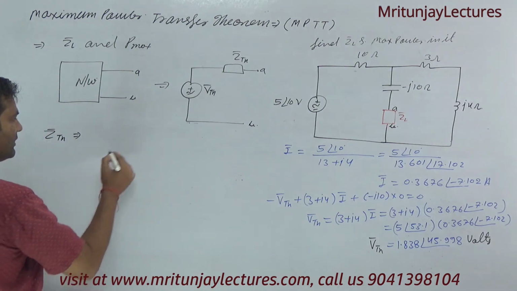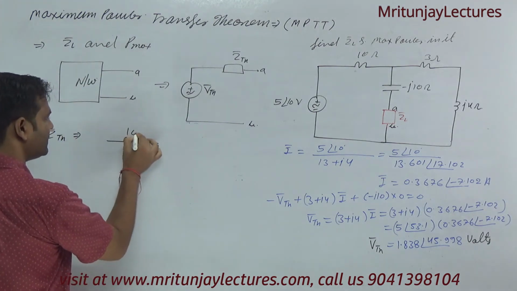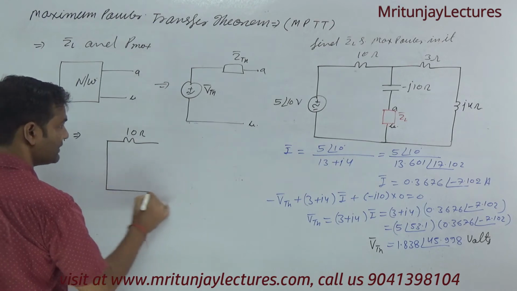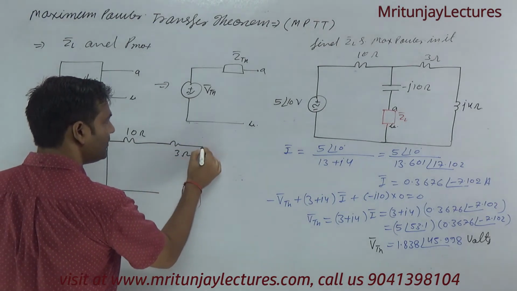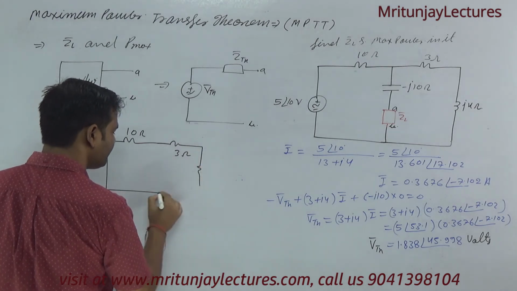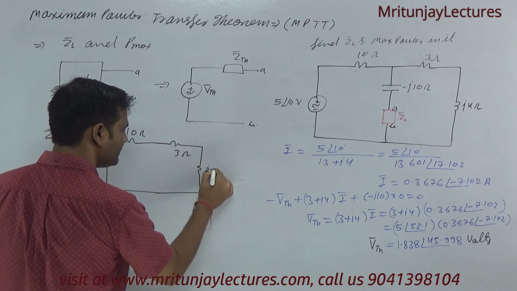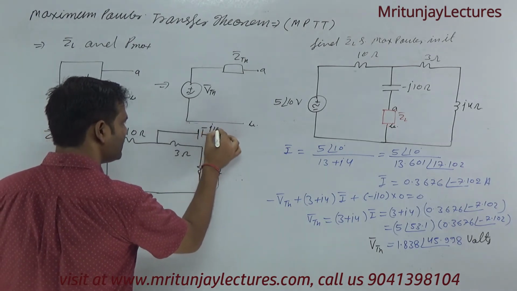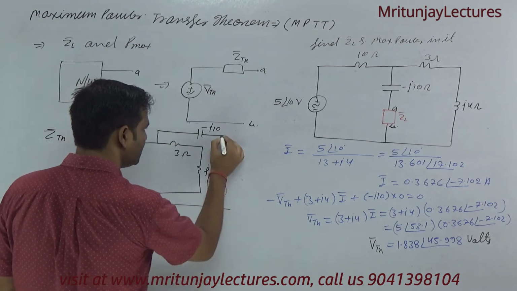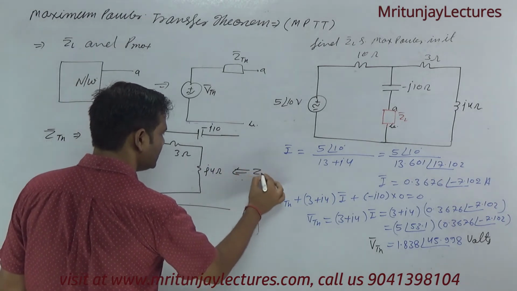First this 10 ohm, and this one is short circuited, and this is 3 ohm plus j4 ohm, and this one is minus j10, and that is ZTH.